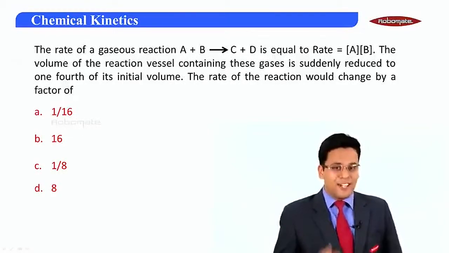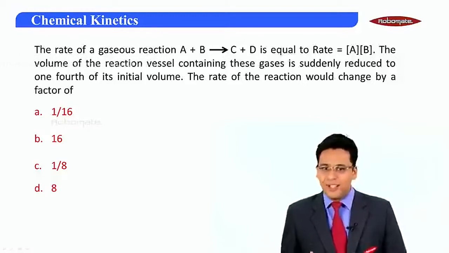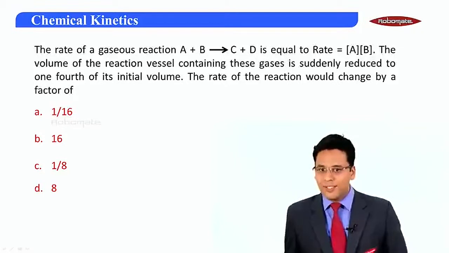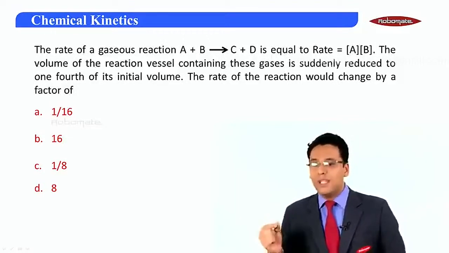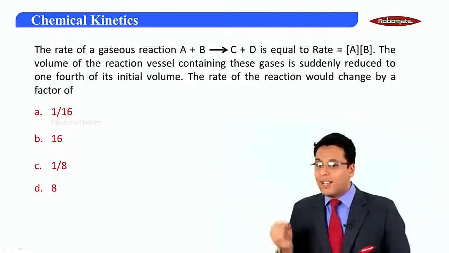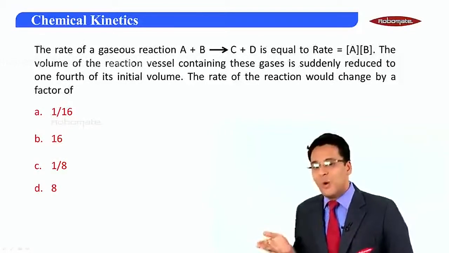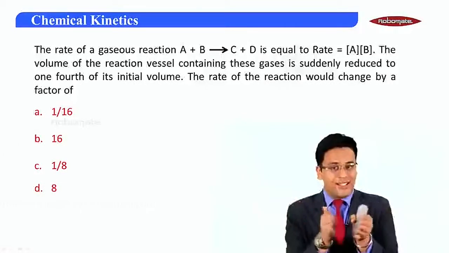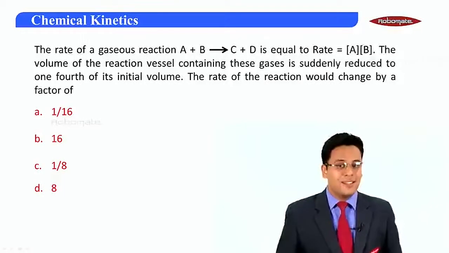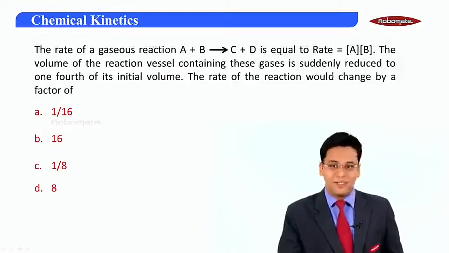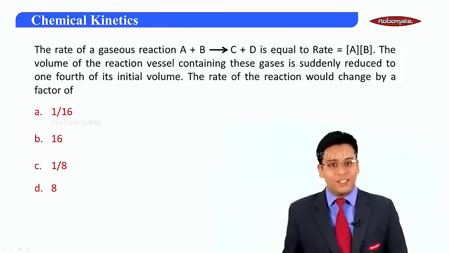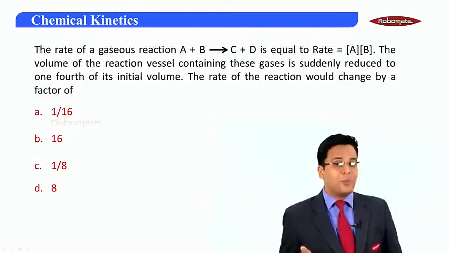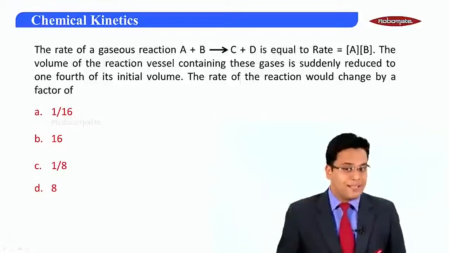And when concentration increases, the rate of the reaction also increases, which means the option has to be either B or D. It cannot reduce to 1/16th or 1/8th of its initial value because the volume is decreasing, so the concentration will increase. More concentration means more rate of reaction, as we have seen earlier.